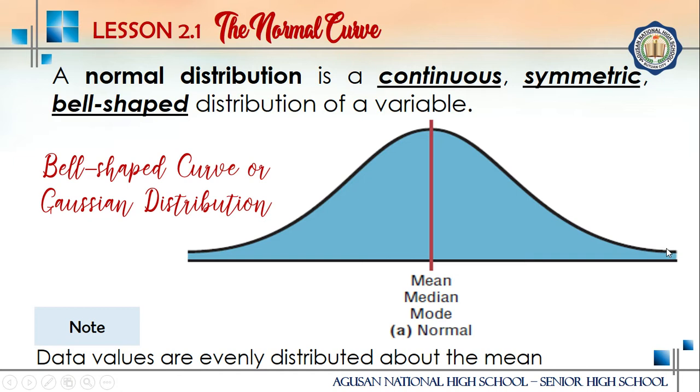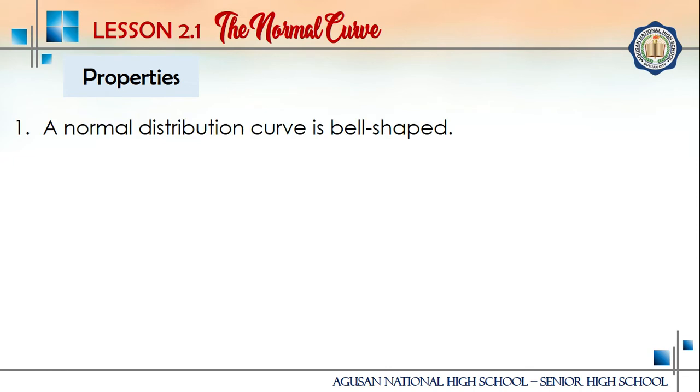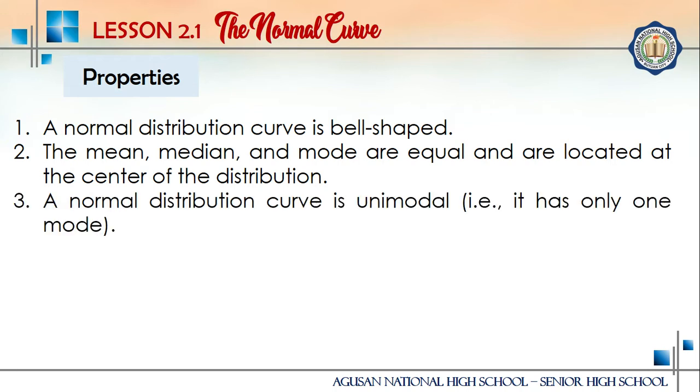Now let's have the properties of a normal distribution. Number 1, it is bell-shaped. Number 2, the mean, median, and mode are equal and are located at the center of the distribution. Number 3, a normal distribution is unimodal, meaning it has only one mode.